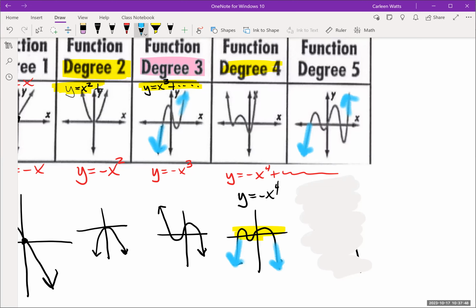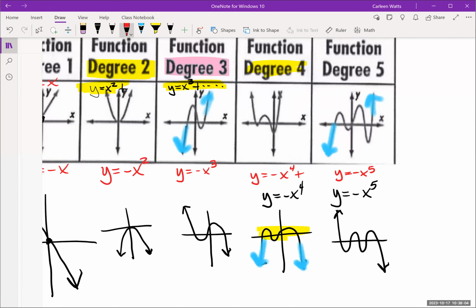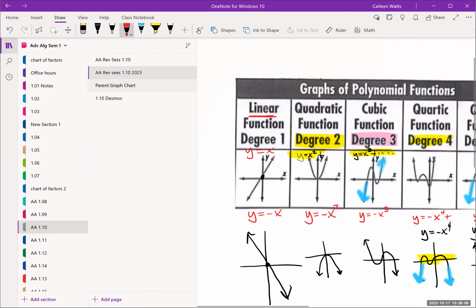If I put a negative in front of it, it's going to flip. We're going to talk more about that next week. Just a little preview into where we're headed with this.